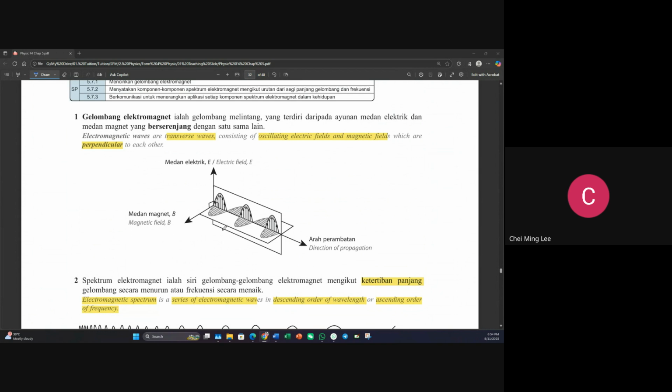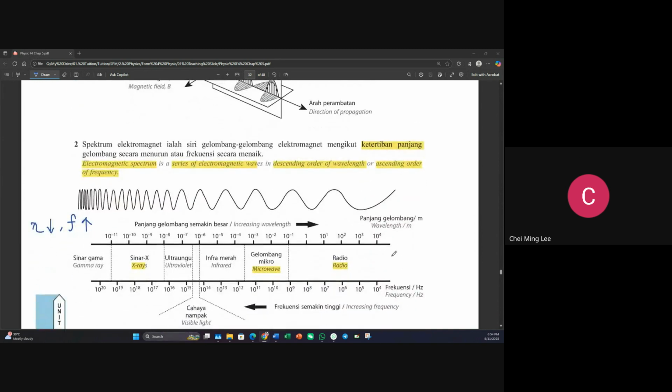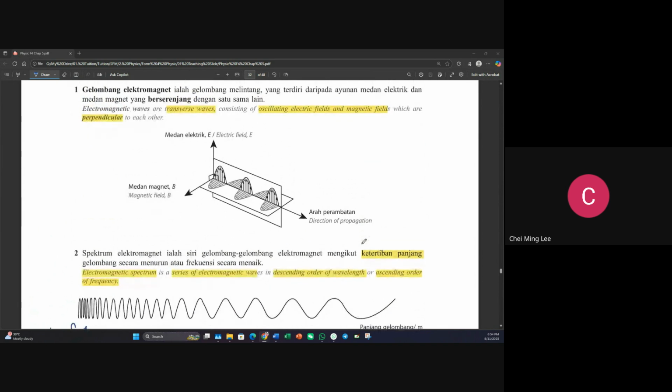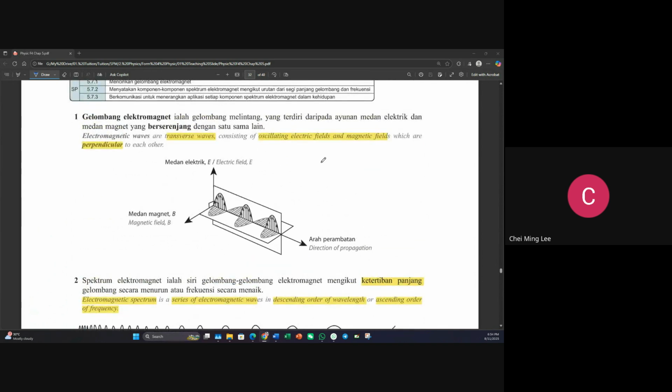One is up and down, one is like this. The electromagnetic spectrum is a series of electromagnetic waves in descending order of wavelength, or sometimes ascending order of frequency. From left to right, wavelength decreases but frequency increases. You jot this down first.